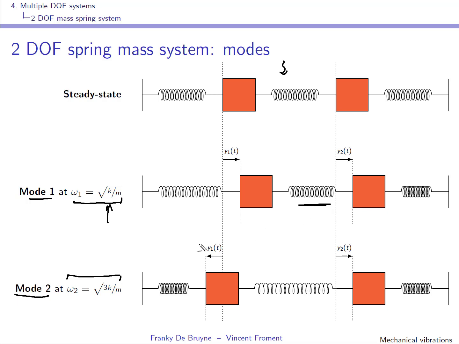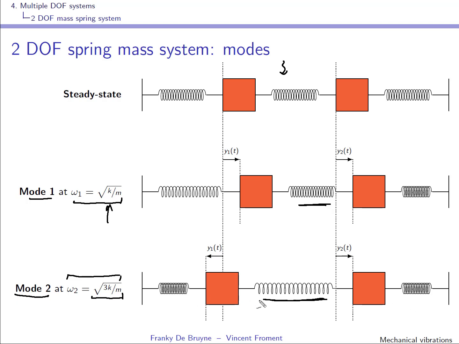Okay, so there is no strain. And for this second mode that corresponds to this eigenfrequency, you see that y1 and y2 are in phase opposition. Okay, so there, of course, there is a strain on the middle spring as there is a strain on the other 2 springs.